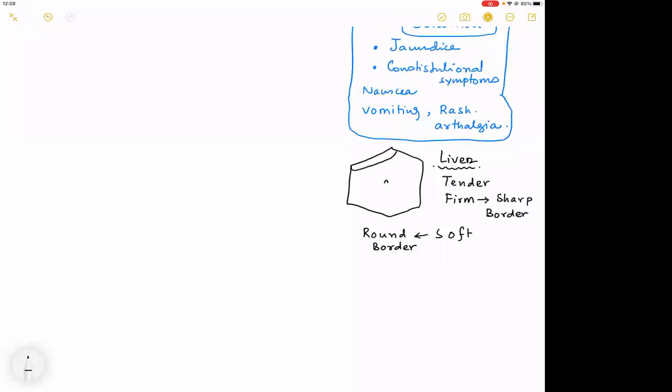Next, the surface of the liver is usually smooth in hepatitis. The liver span is normally 11 centimeters.